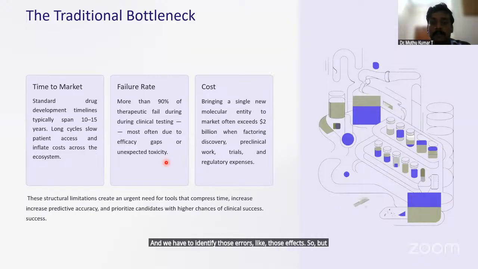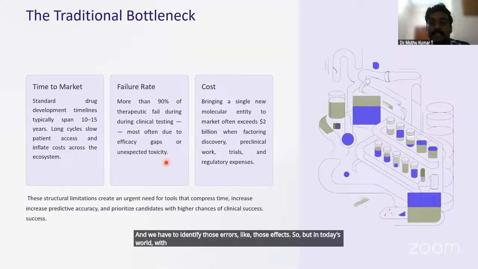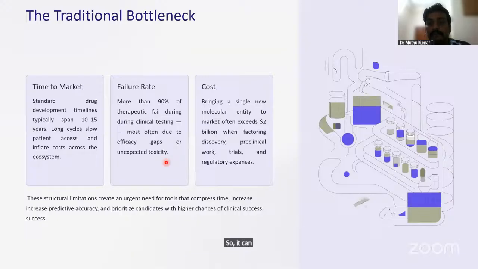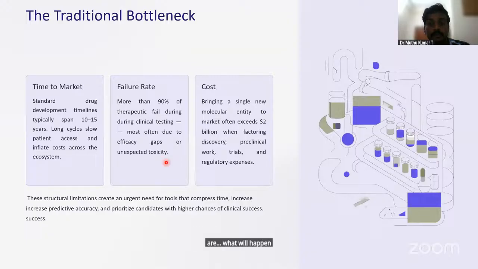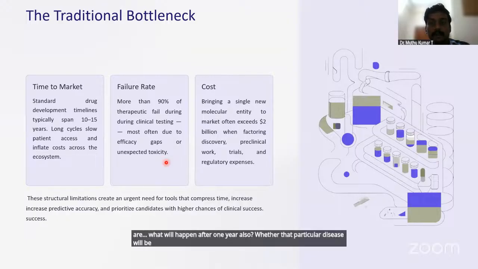But in today's world, within a fraction of a second, if we upload the drug identified in the laboratory to some web server or AI tool, it can identify the possible side effects of that particular drug, or what will happen after 1 year, whether the disease will recur or not. Everything we can predict with the help of the latest technology.